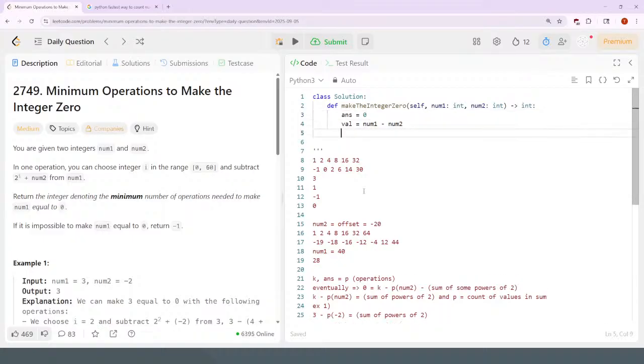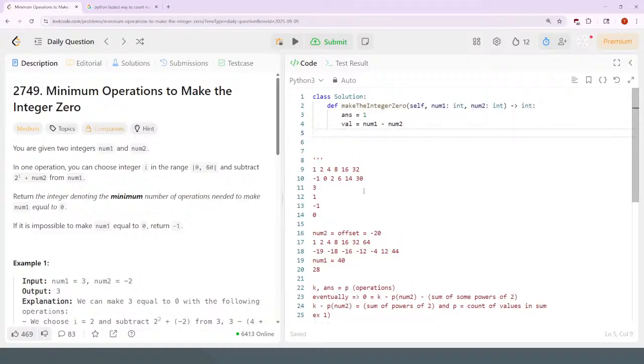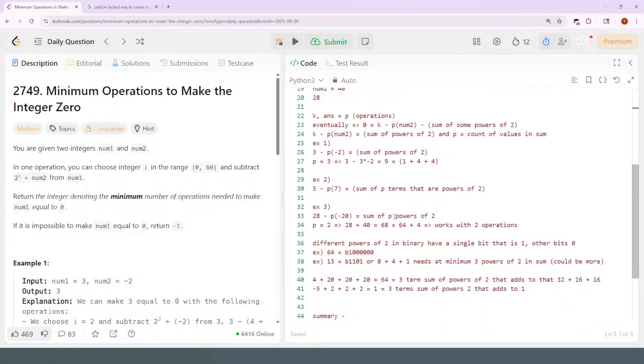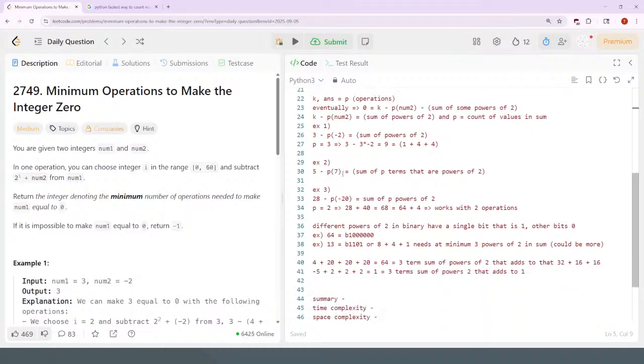Or let's say answer is equal to 1, maybe? What am I assuming it's going to be? I'm assuming answer is originally 1 operation. Okay, and then each loop I need to, so this number has to be positive, I think.